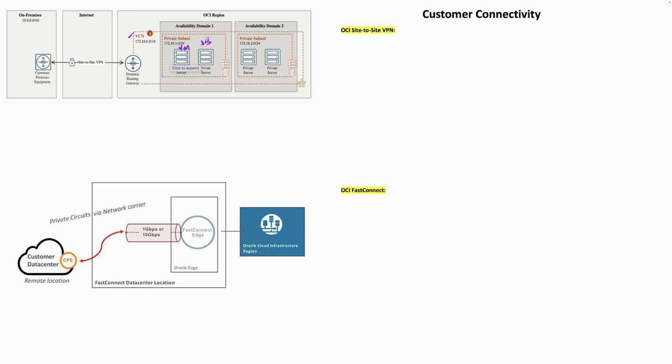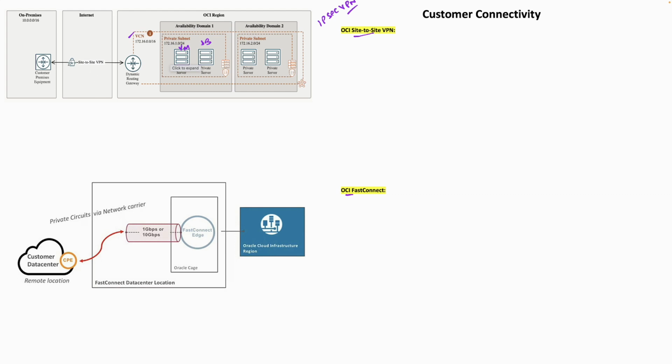In OCI, normally there are two basic mechanisms in which you can make this connection. One is the IPsec VPN approach, which nowadays Oracle calls the site-to-site VPN, and the other option is FastConnect. Site-to-site VPN is based on a software-based VPN approach.